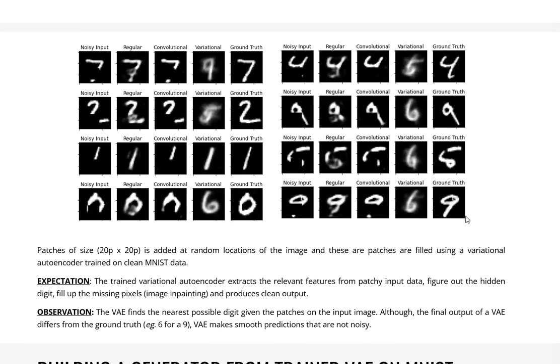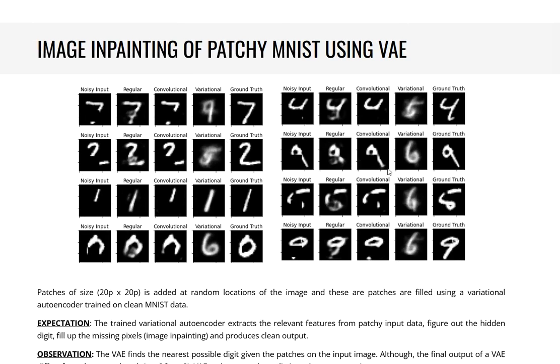So the idea here is, although you can say that the variational autoencoder fails in producing an output that closely resembles your ground truth data, nevertheless the output from a variational autoencoder is always going to be some sort of continuous output that is not as noisy as the regular autoencoder's, but can still produce an output that is sensible given whatever input you give.